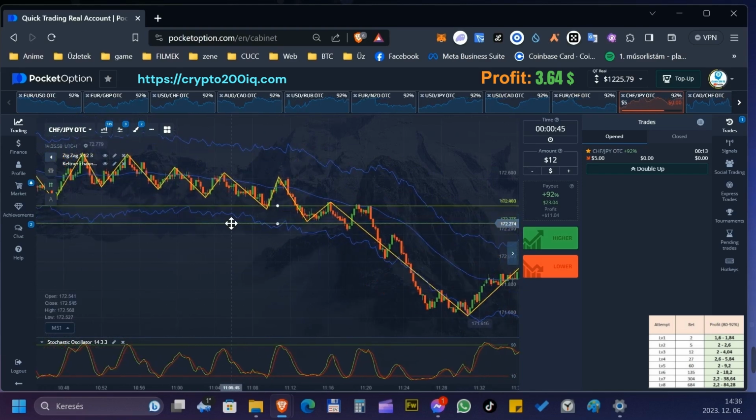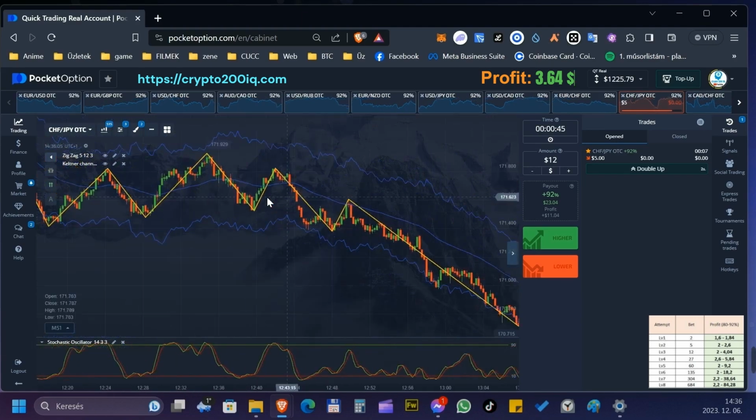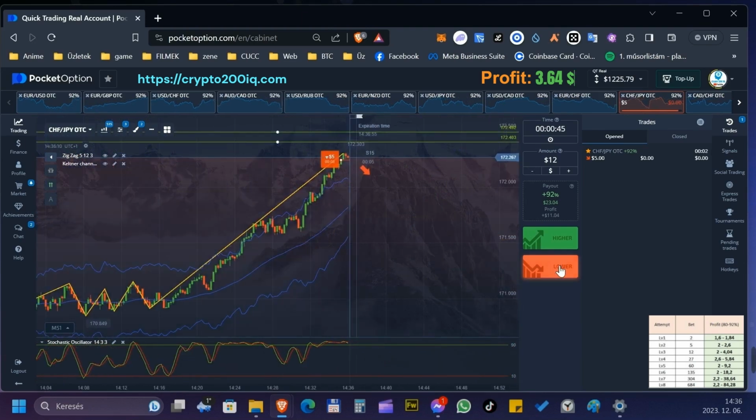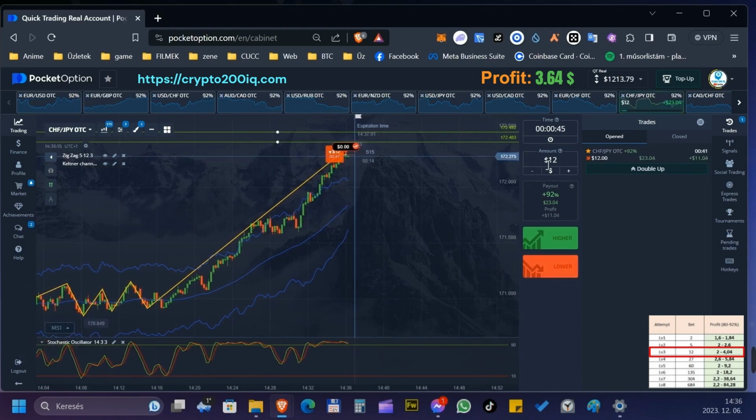There are plenty of points, which is a good sign. We lost, so we bet again at the current peak, and for safety, we set the next bet.